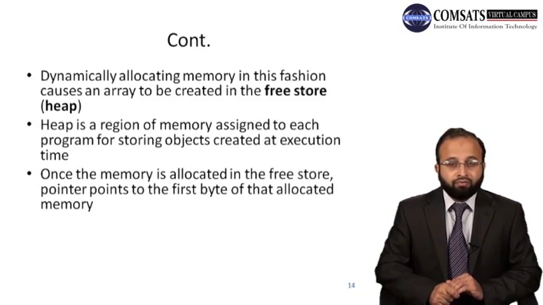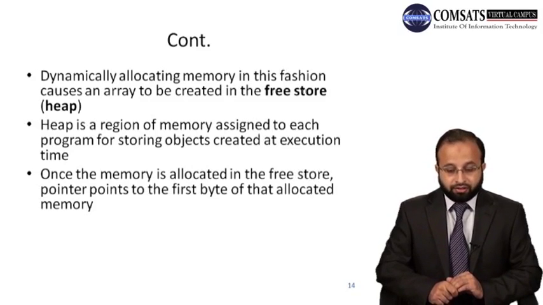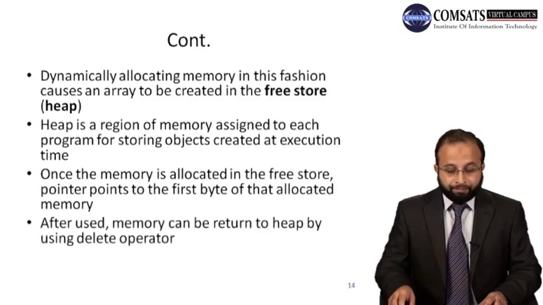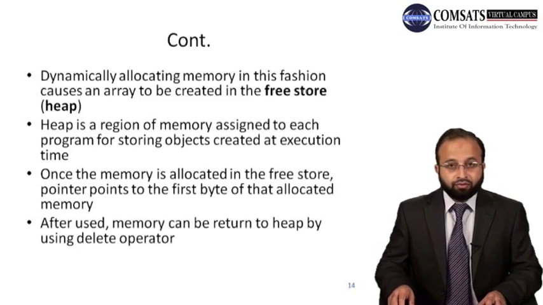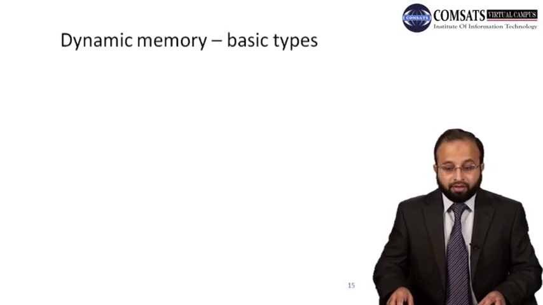Now using that pointer we can access that memory location in the free store. After using that memory location, this memory may be returned to the heap by using a delete operator, so that it can be used by any further program.